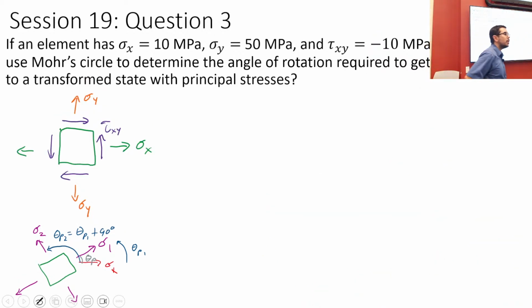Maximum in-plane shear stress. How are you going to tackle this one? Someone else? Anyone? Just in words. Yes? Find R, when there's a 90-degree, like it's straight down. Yeah.